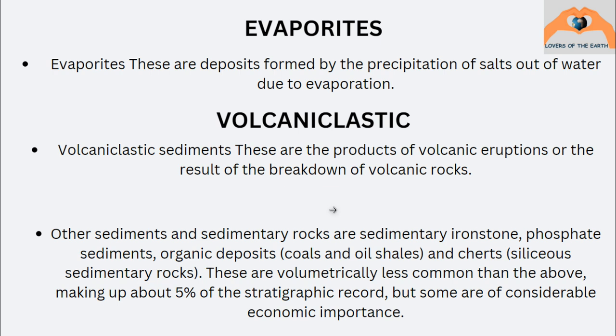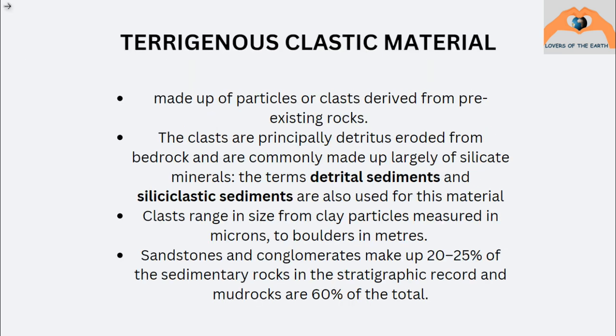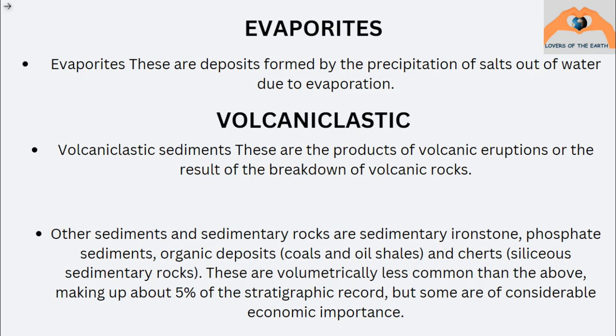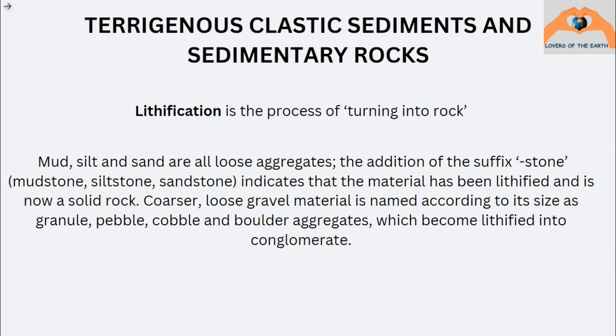And just like how we saw that limestone was 10 to 15%, sandstone and conglomerate 20 to 25%, mud rock 60%, these are only 5% of the total sedimentary rocks. This is just the introduction of these types of sediments. Now we'll study in detail about the types and the rocks they are forming.